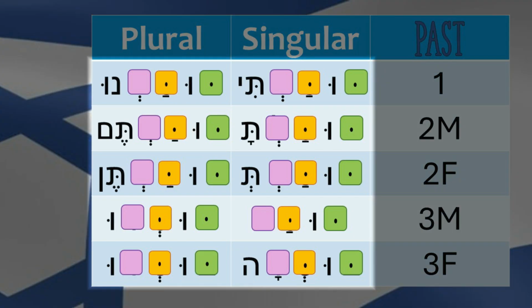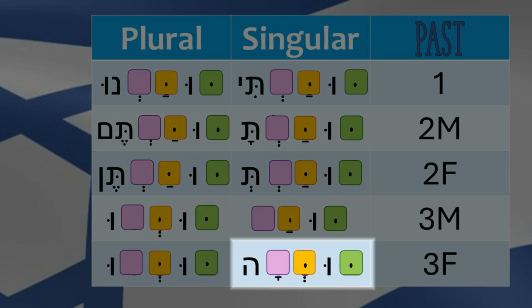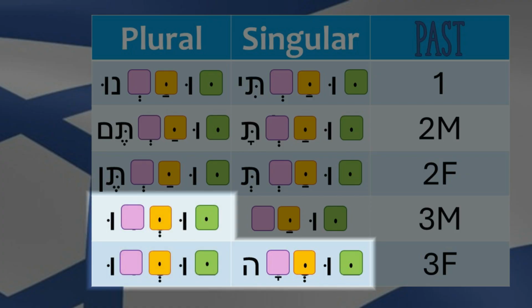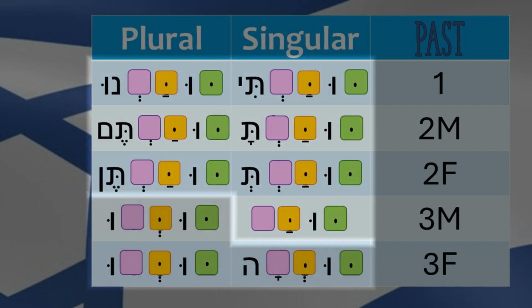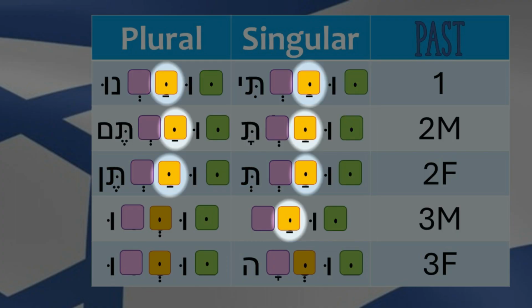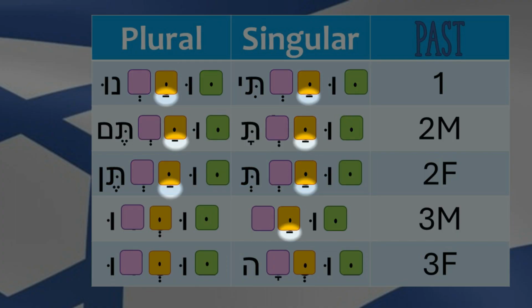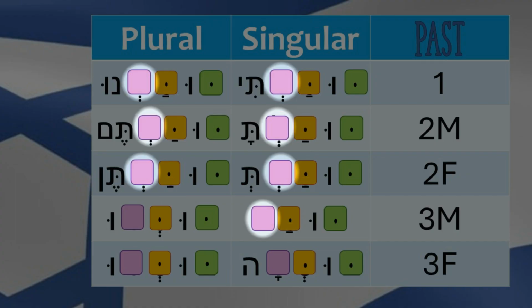But from here on out, we have to separate out third person singular feminine and third person plural, because they're a little bit different because they have a stressed suffix. So for all of the other forms, that second shoresh letter is going to have a patach under it, sounding like ah, and then we're going to have the third shoresh letter.